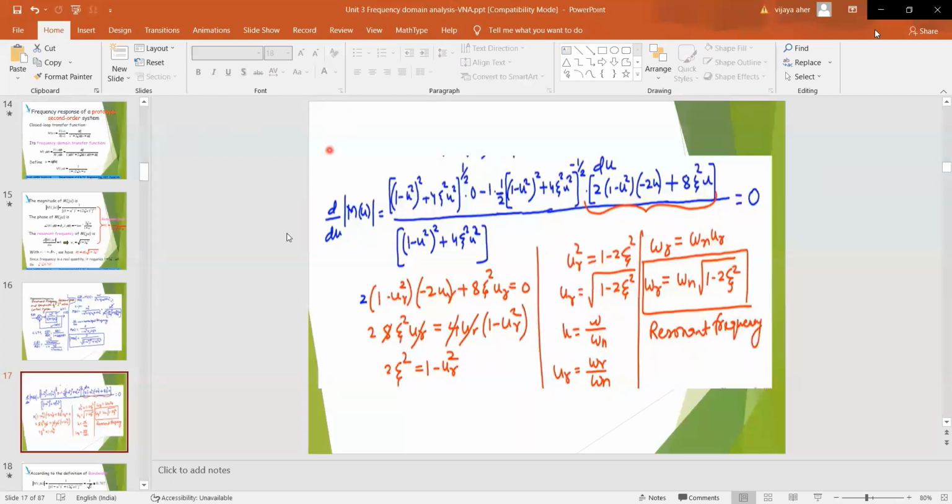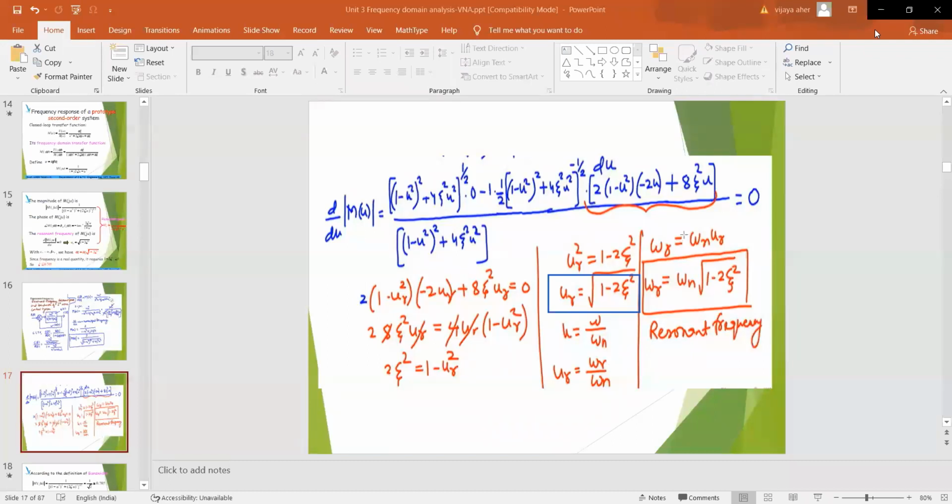So this equation you have to remember; just draw a square bracket for this equation. u r is equal to under root of 1 minus 2 zeta square. That is very important. Now what is u? u is the normalized frequency, given by omega divided by omega n, that is the natural frequency. And u r is equal to omega r divided by omega n. You can write that for the resonant frequency.